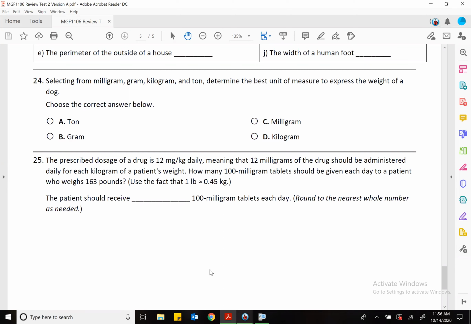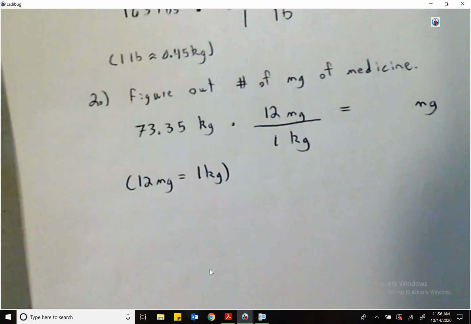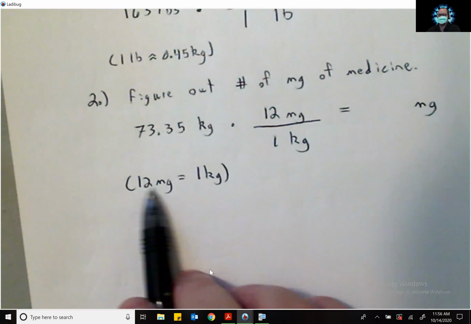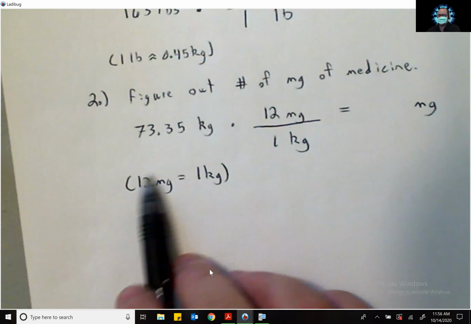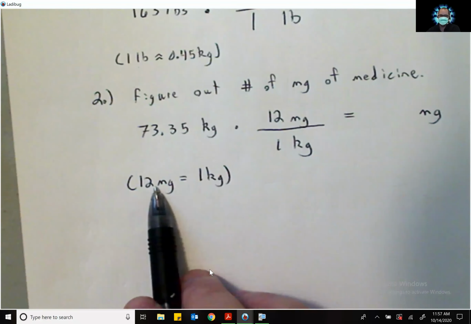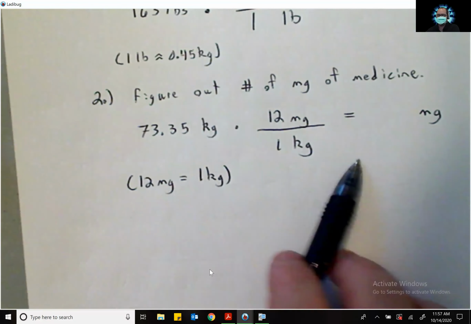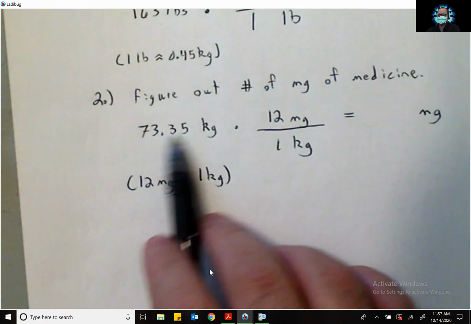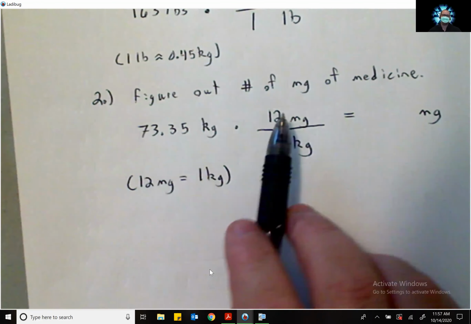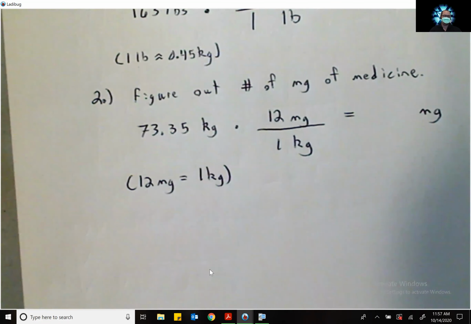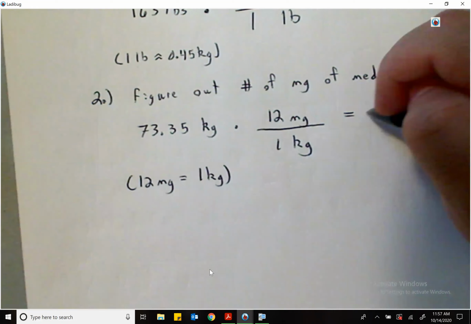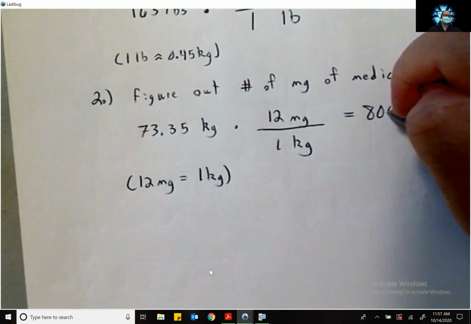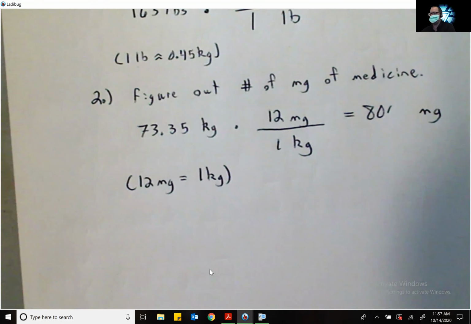It looks like this. 12 milligrams per kilogram is really 12 milligrams equal to 1 kilogram. This is for the medicine. So we're just going to take, like what you said, the 73.35 times 12. And what did you get again? 808.2. You got it. So this patient needs 808.2 milligrams.